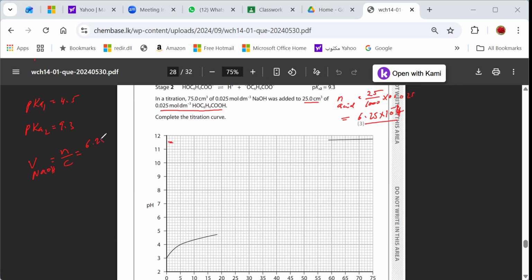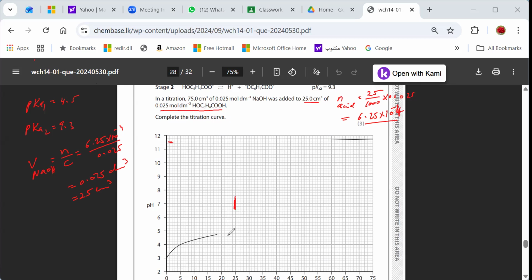So 6.25 times 10 to the power minus 4 over the concentration, which is 0.025. I got 0.025 dm³, which means 25 cm³. So the first equivalence point is at 25 cm³.